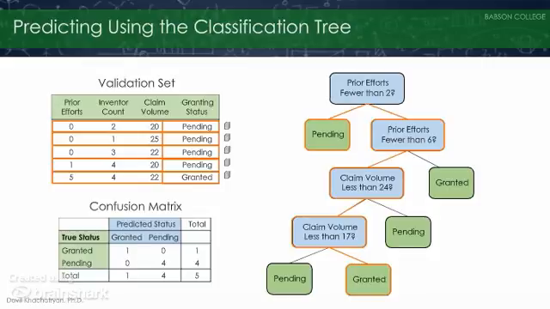The sum of the elements on the main diagonal, 1 plus 4, divided by the total number of applications in the validation set, so 1 plus 4 over 5, and multiplied by 100, gives us the correct classification rate. So in our case, the correct classification rate is 100%, since we were able to correctly classify all of the applications. And 100 minus that will give you the so-called misclassification rate, which in our case is 0.